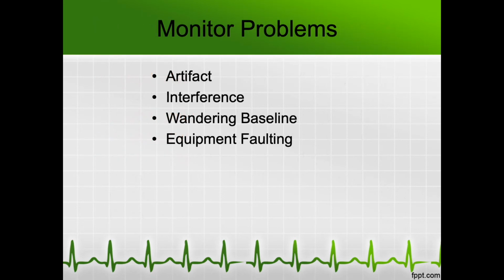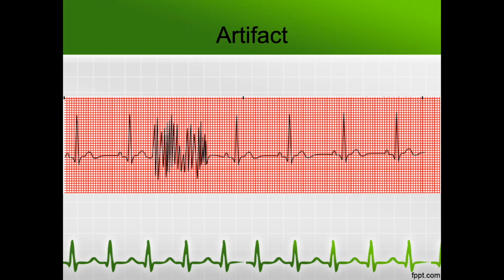Tracing the energy of the cardiac conduction system is not without potential problems or interference. You should be aware of monitor problems such as artifact, interference, wandering baseline, and even faulty equipment. Artifact refers to unexpected lines or deflections on either the monitor or the EKG paper.